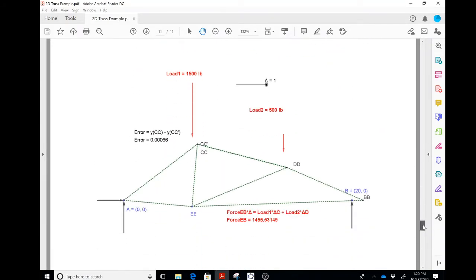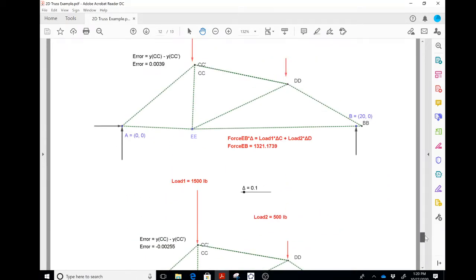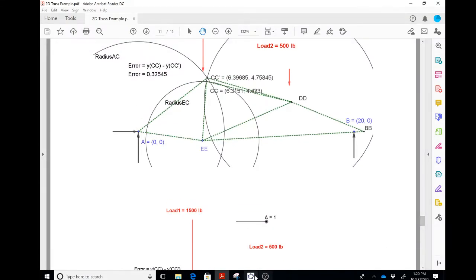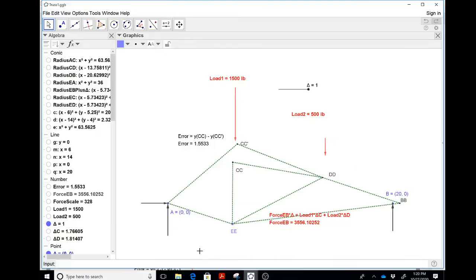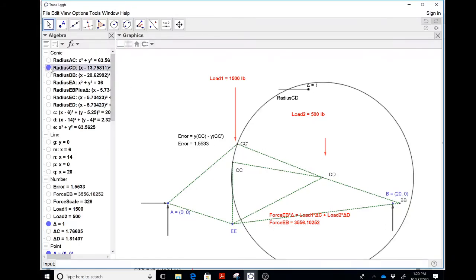And I came up with, you'll see it maybe live over here. So I have these circles here. So let me show you these circles here. This is radius DC, so that is centered on DD. This is radius EC, that is centered on EE.